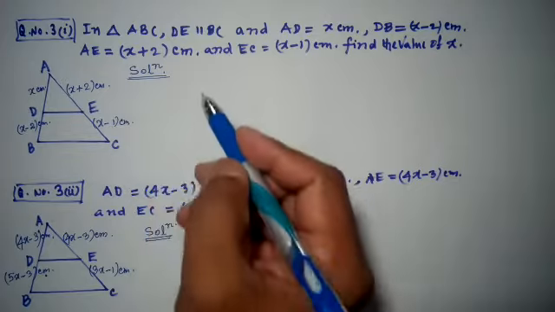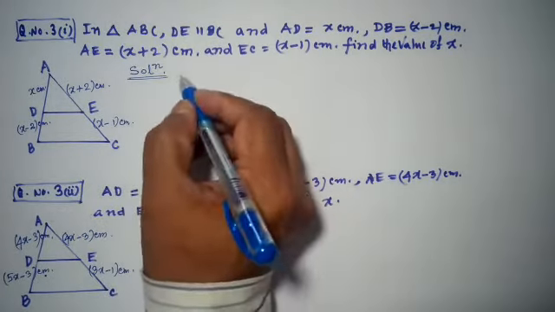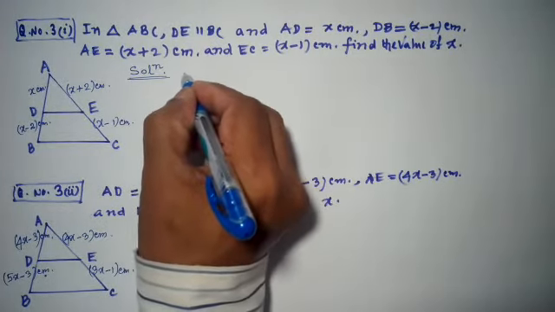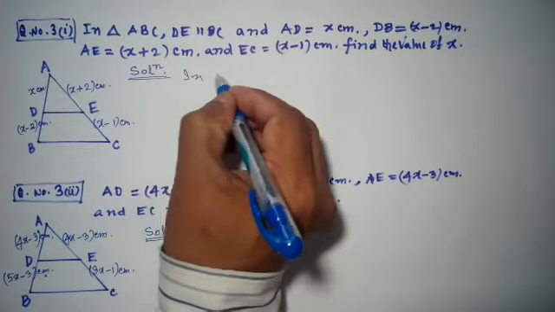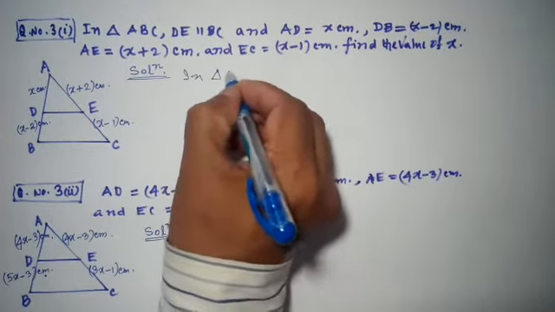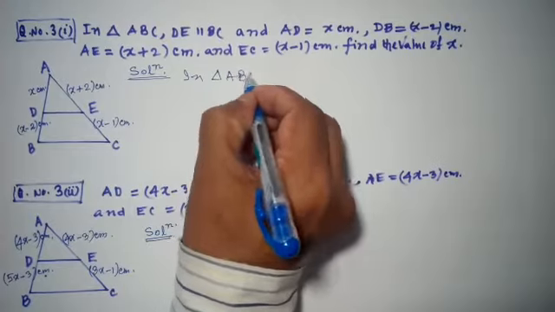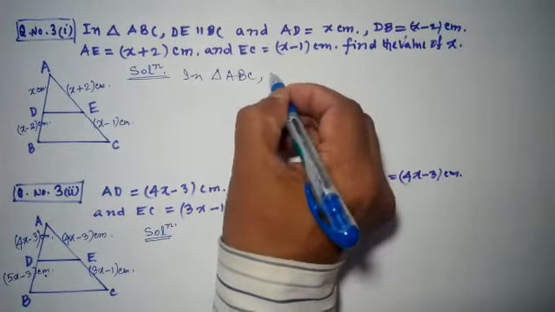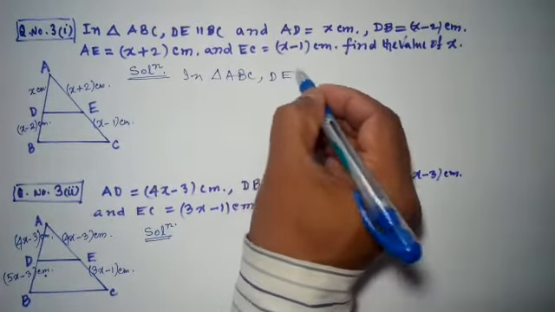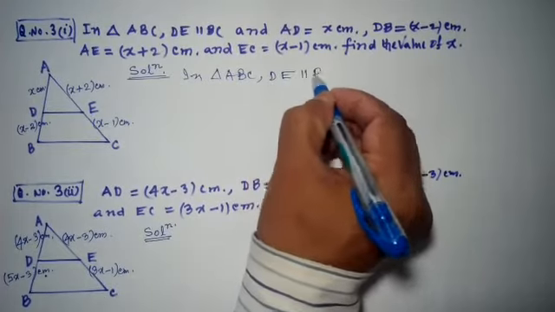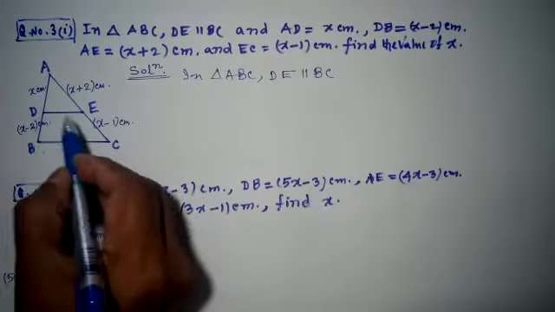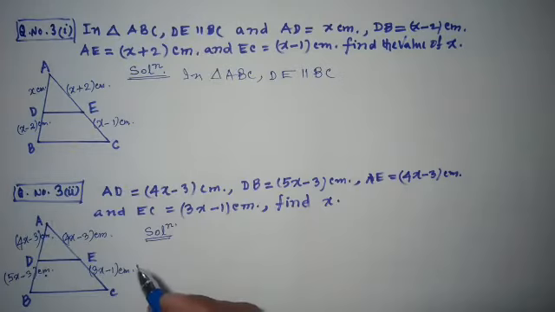So we use the same basic proportionality theorem. So we can write in triangle ABC, DE parallel to BC. This is given, DE parallel to BC.